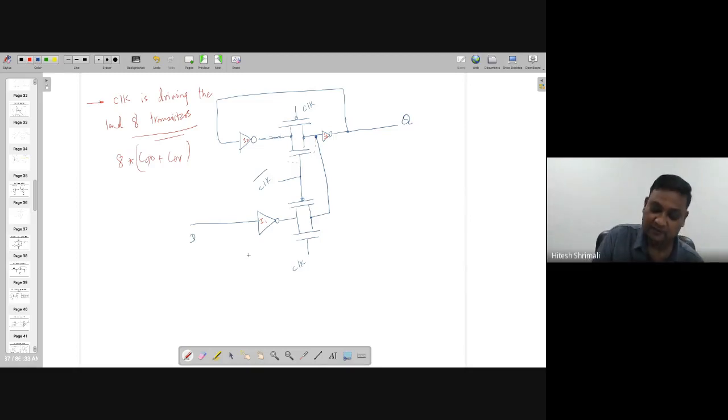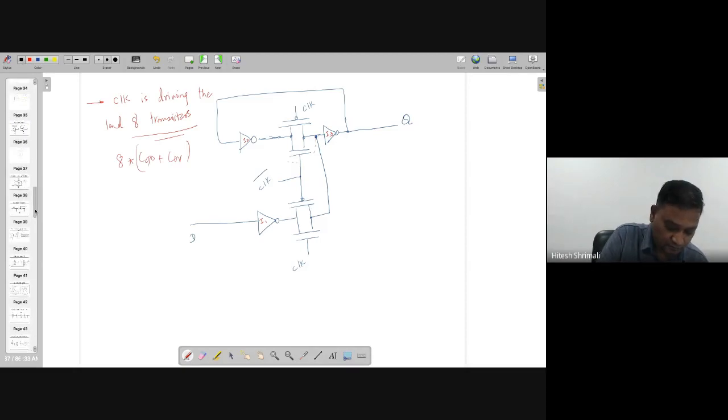Now, when we are doing all these things, let's understand that when clock equal to 1, as this is a positive latch, what we want is, when clock equal to 1, I want D equal to Q. So when clock equal to 1, you can see because of this bubble and because of this clock bar, these 2 transistors are in off state.